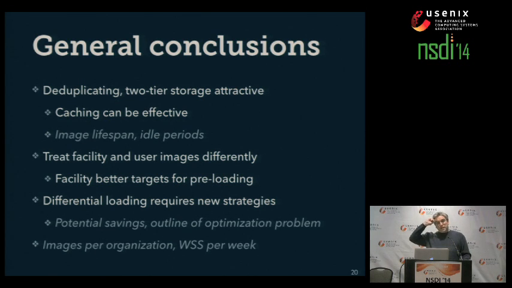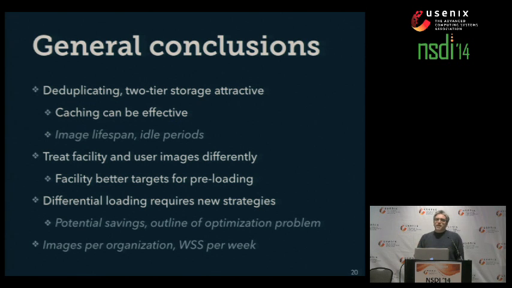And we found that treating user and facility images differently makes a lot of sense, especially for preloading, because the distributions of their popularity and their growth as the scale of facility grows look quite different.